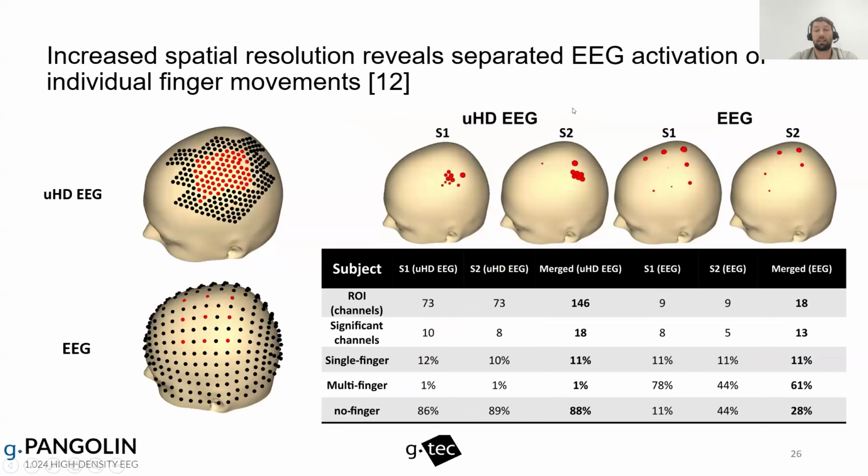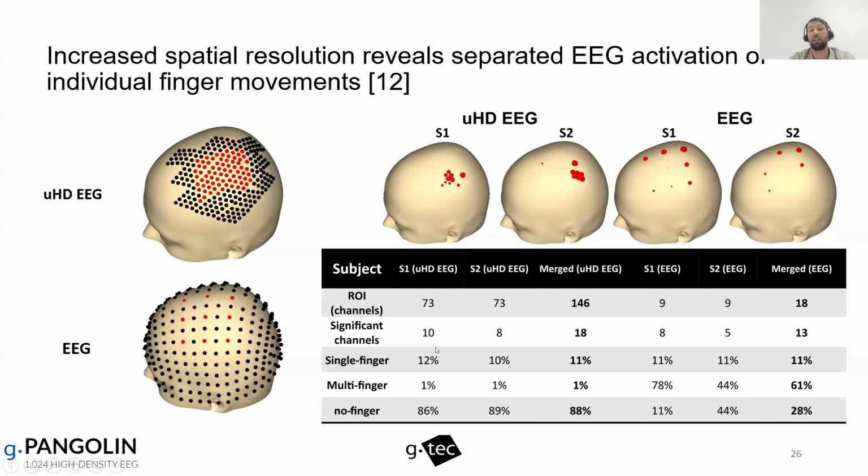And again, we checked significant channels for the finger movement, and you can see here these focal plots for the ultra high density EEG system and very widespread activation for the standard EEG system that we could also find in our results.